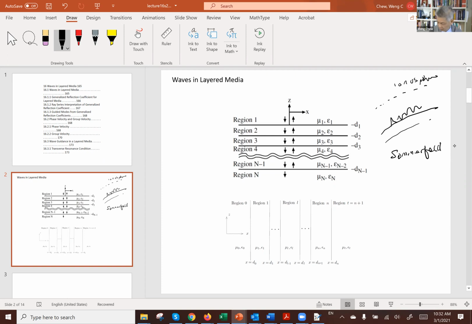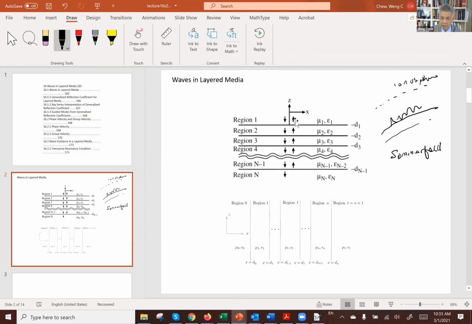It has been regurgitated so many times that we can actually use transmission line theory to help simplify the presentation of this problem. The problem on the top is the case when you send in a wave. This could be a plane wave. The plane wave gets reflected and multiply reflected inside the layered medium and finally gets transmitted.